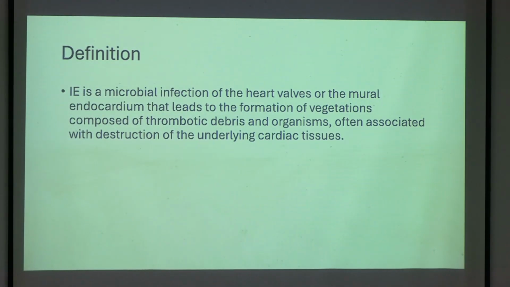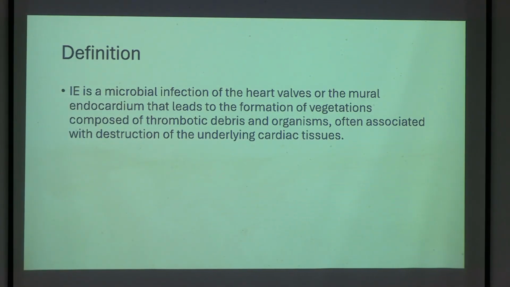Okay. That leads to the formation of, the main important word is vegetation. Okay. So they will form something which is known as vegetations, which is composed of thrombotic debris. Okay. So what these debris are made up of?